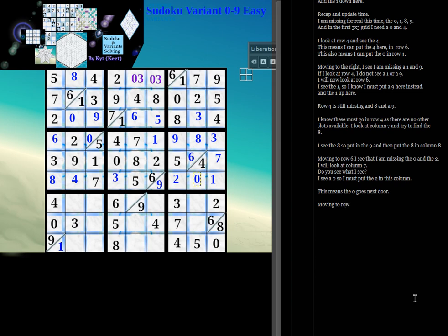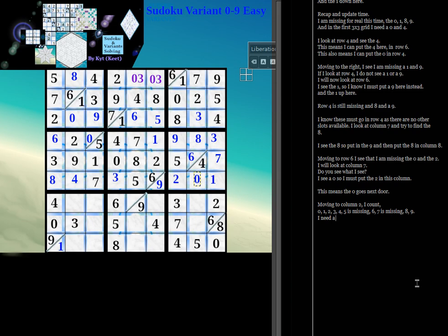Moving to column 2, I count 0, 1, 2, 3, 4, 5 is missing, 6, 7 is missing, 8, 9.